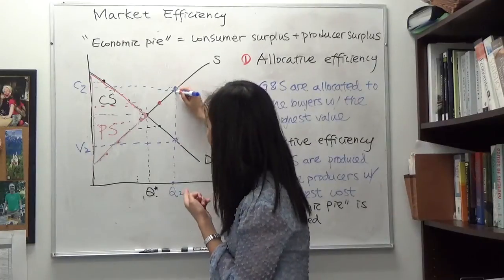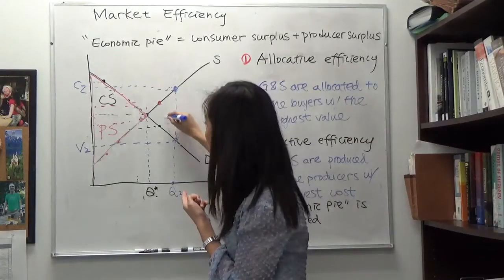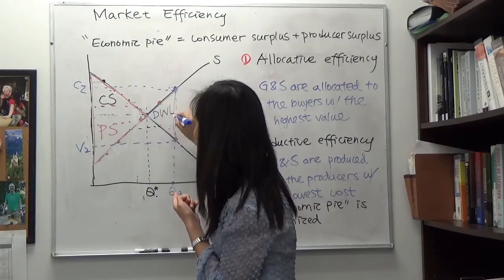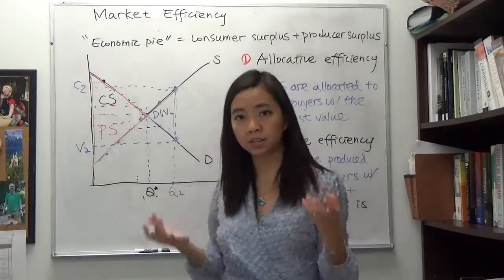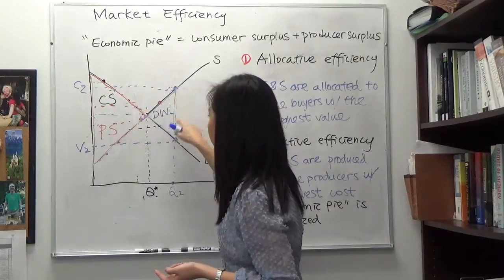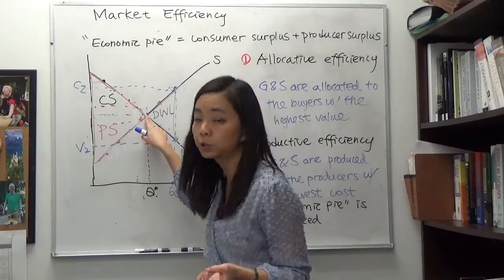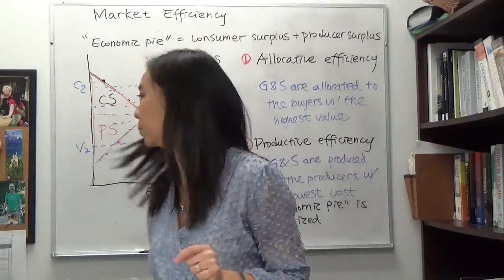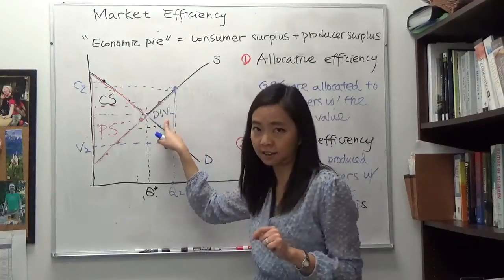Therefore, that will be a loss, and that unit too, and that unit too. So you can see your deadweight loss will be this triangle, and your economic pie will be equal to that big triangle minus that small triangle, which will cause your economic pie to shrink. Again, it's kind of like a piece of pie burned in the oven. We call that deadweight loss in economics.